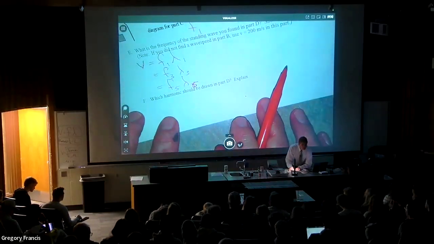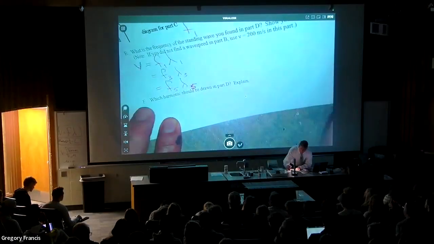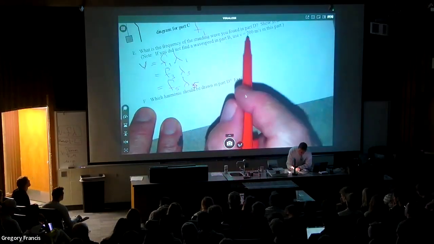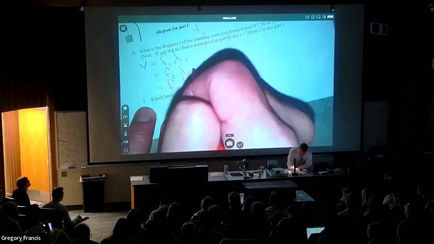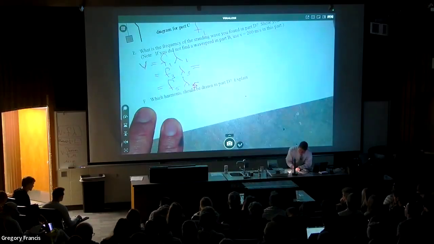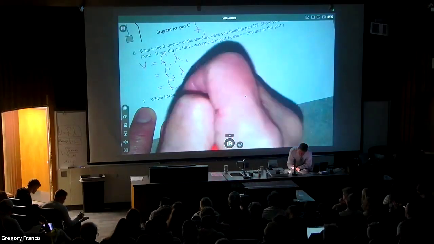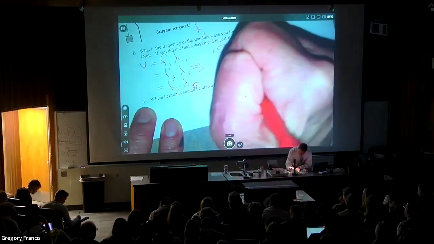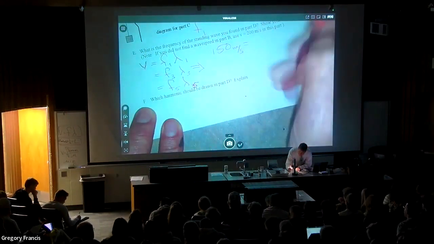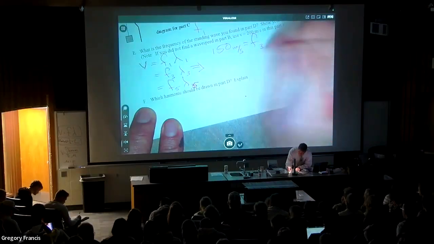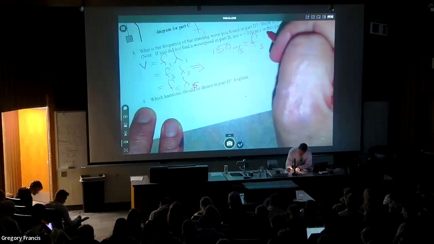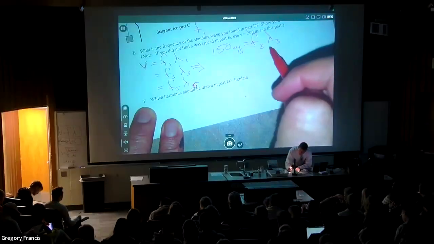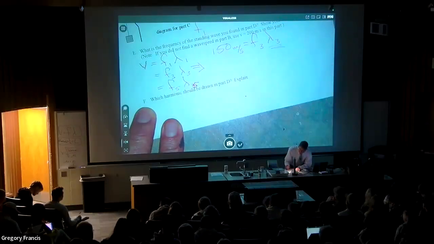Now, since I'm looking for the third harmonic, I'm going to use this equation here. And what that tells me is that the speed, 150 meters per second, is equal to the third harmonic frequency times the third wavelength. So if I knew what the third wavelength was, I'd be done.